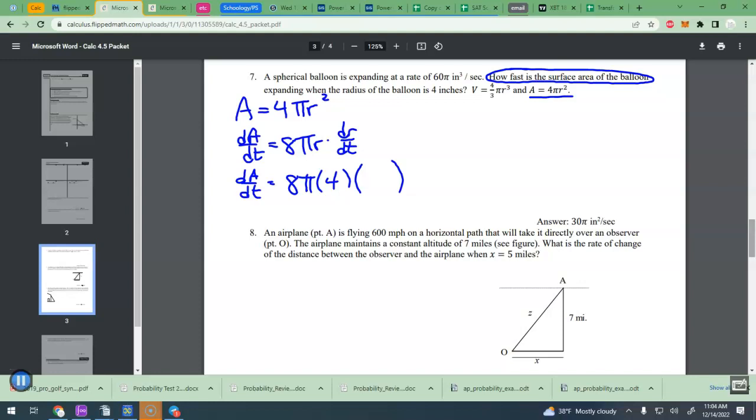Exactly. So they gave me this for a reason. If I go over here, think about the variables. If I take the derivative, I'll have dV dt, but do I know that? Do I know the change in the volume? I do. That's my 60 pi. I'll have an r, which I know. So the only variable I won't know when I do this is the dr dt.